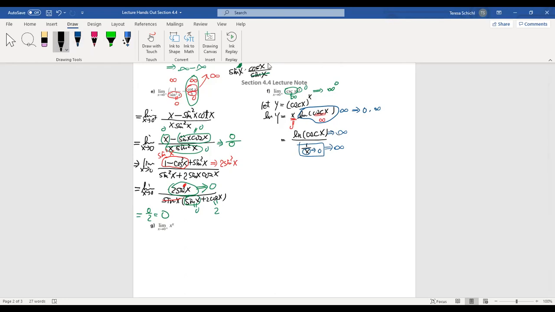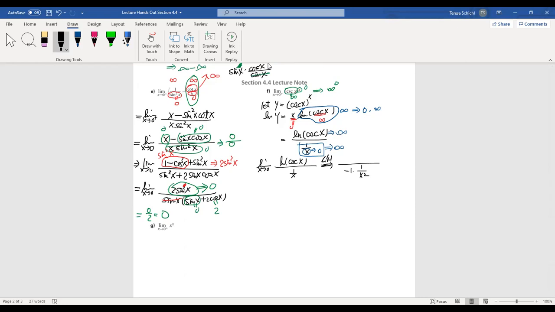So now what can I do? Okay, so the limit as x approaches 0 of the natural log of cosecant x over 1 over x. Because I have infinity over infinity, I can use L'Hopital's rule. The derivative of 1 over x, which is x to the -1, is -1 times x to the -2, so it's negative 1 over x squared.